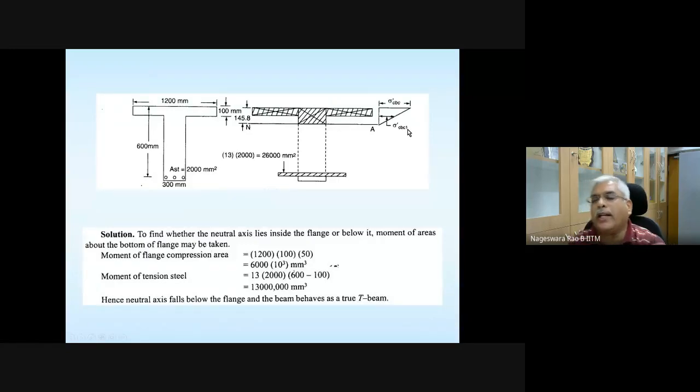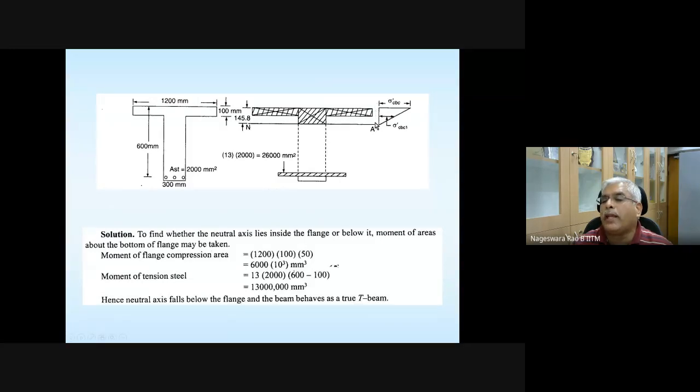Some notation, that one. So how do I get this stress at this junction? Stress is varying linearly from 0 here to sigma CBC prime over a depth of the neutral axis n.